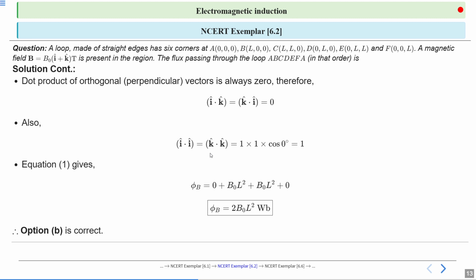This method is somewhat long, but it is more reliable than finding the magnetic flux with the other method. By BA cos theta, you can find it by that method also, if you feel that method is easy to implement or short. But this method is more reliable to solve it.